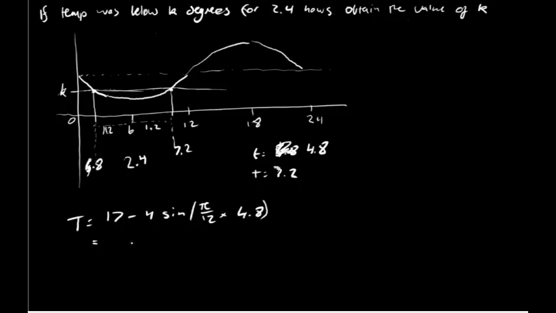If we work that out, we find that it's about 13.2. So our K is 13.2, and the temperature is below 13.2 degrees for 2.4 hours.